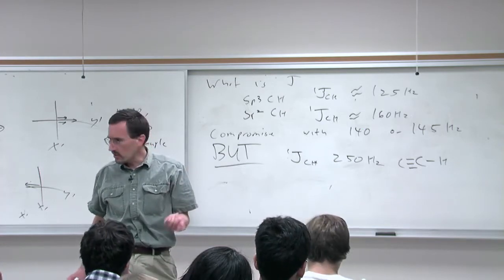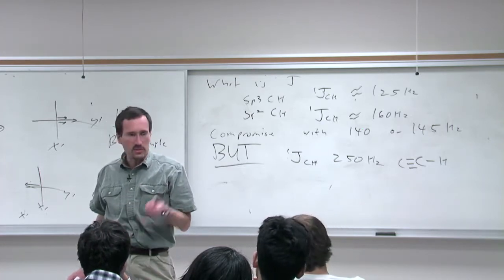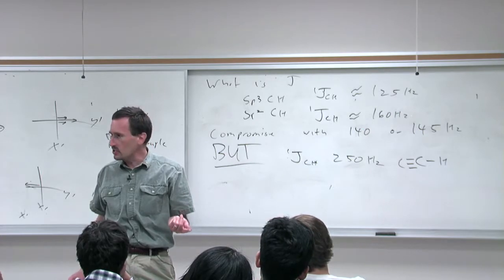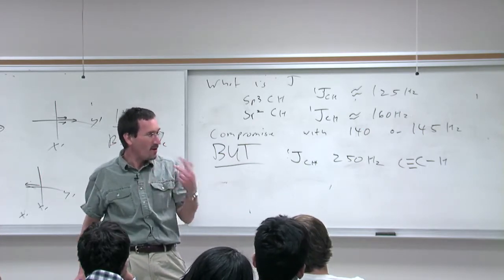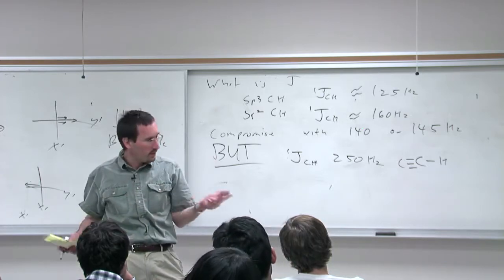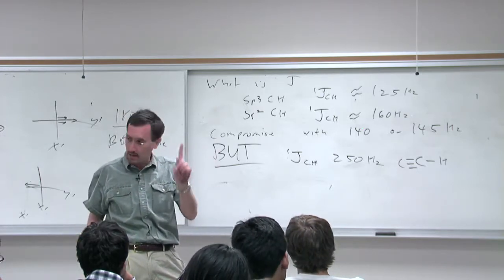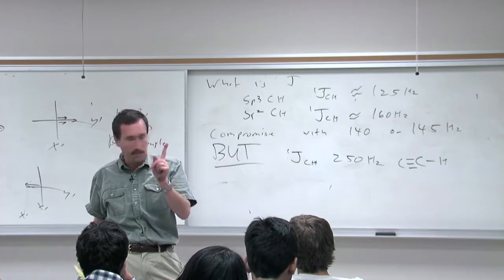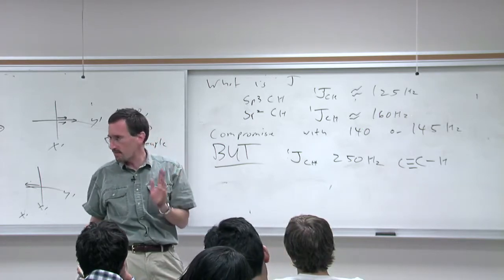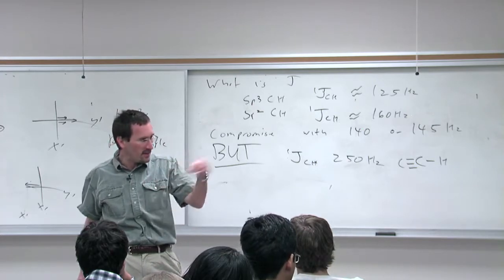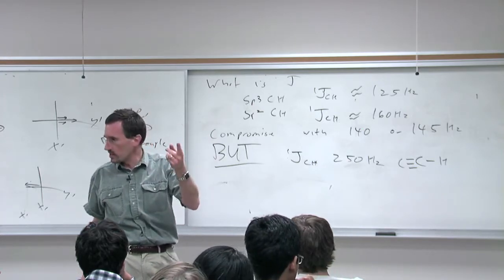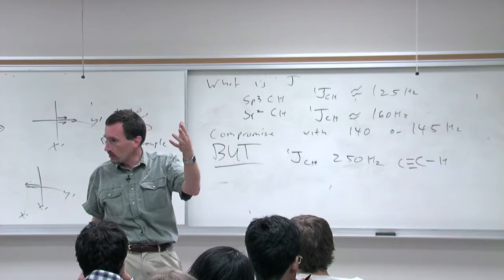So what does that mean when you're looking at your data? You come up with exactly the wrong conclusion, or a completely ambiguous one. We'll get to the DEPT spectrum, which is where it really counts. But in the APT, if it's going around twice as fast, you'll come to the wrong conclusion.